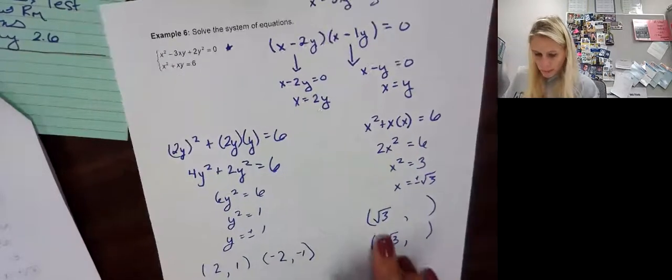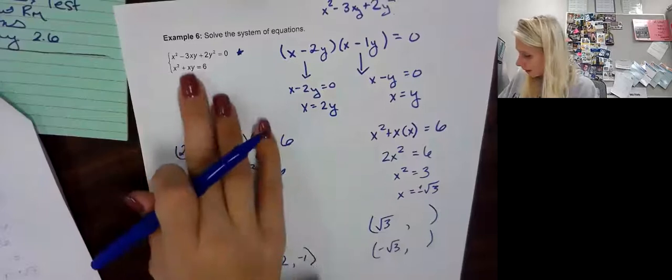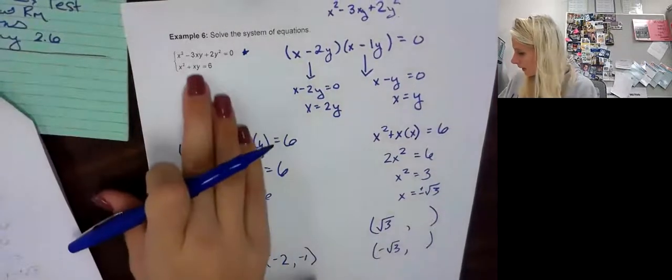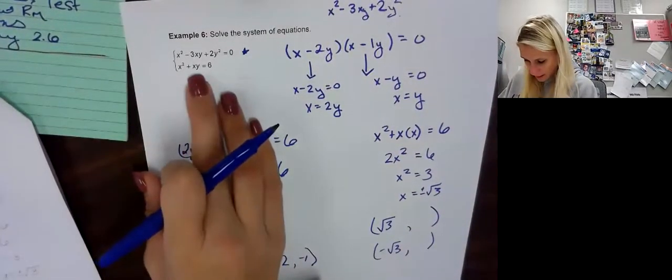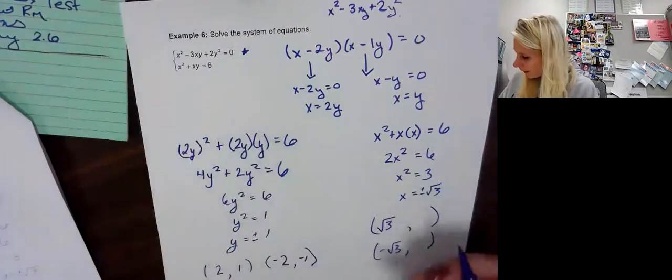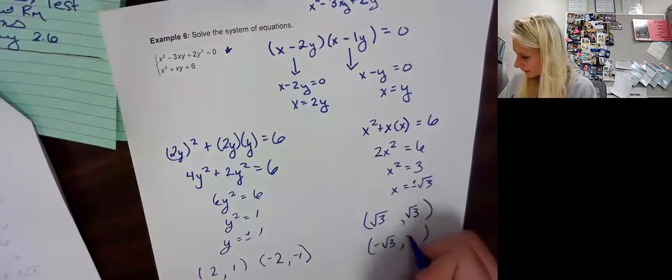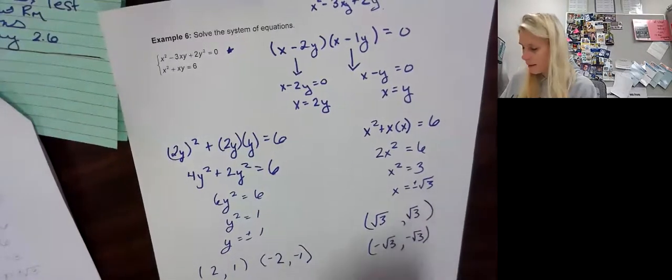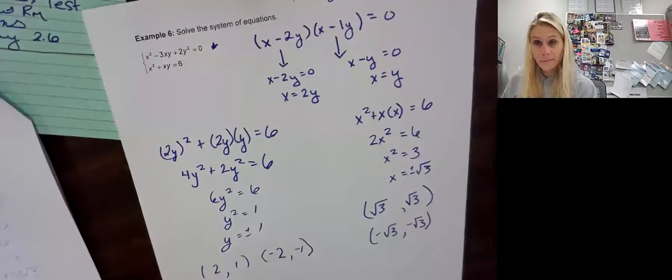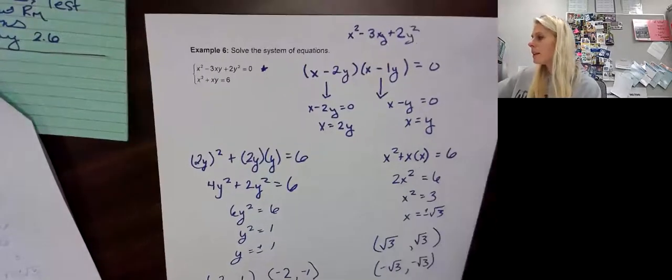Okay, when we plug that down below here, we get that y is square root of 3, y is negative square root of 3. Ta-da! Okay, that was just as a review on how to solve things algebraically. There is no homework to this, so you may go on to the next one or take a break.